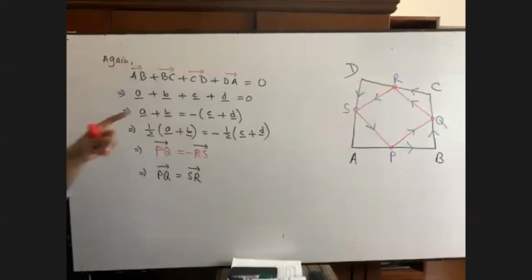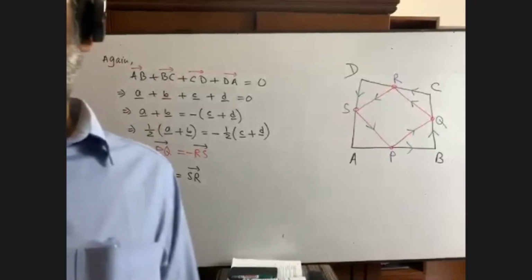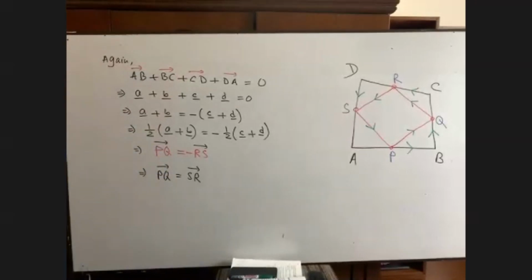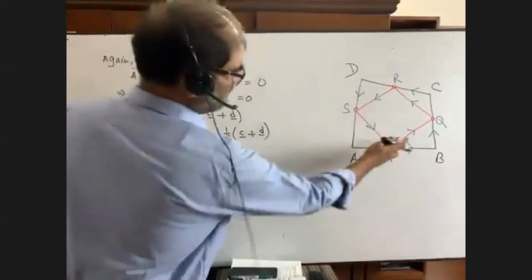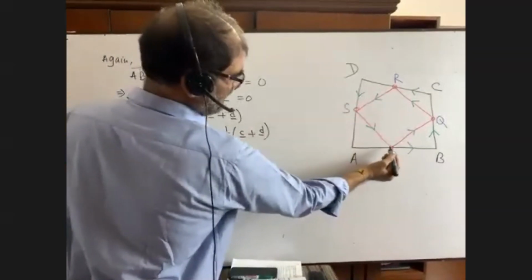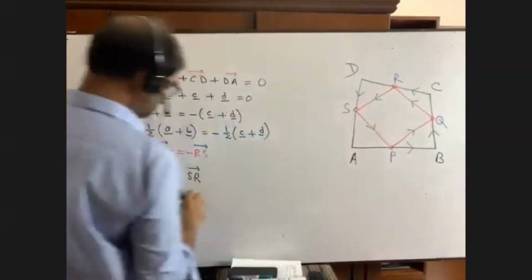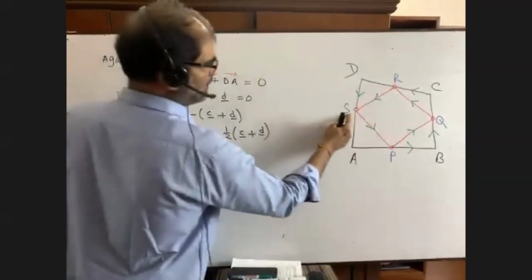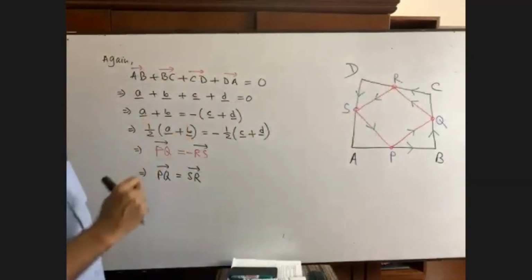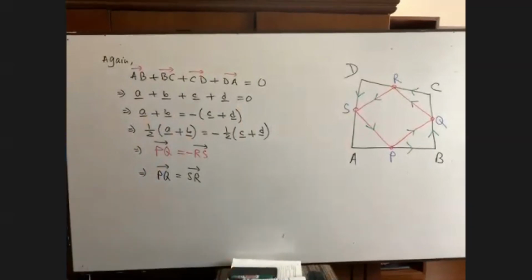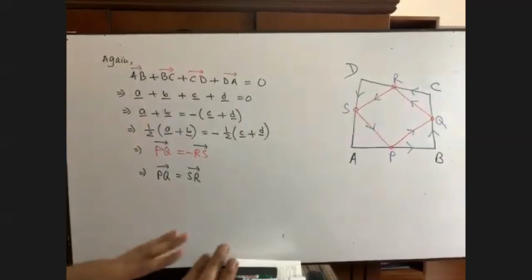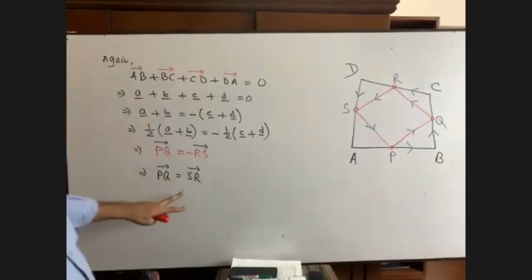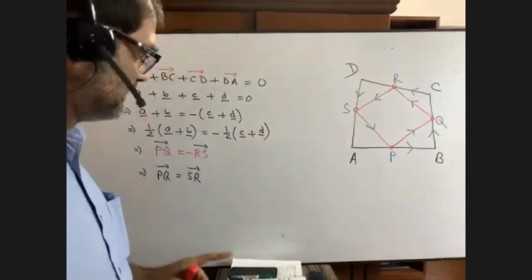Now please go to the figure. We are getting, if they are parallel, here the arrow is P to Q, but we have got S to R. It should be S to R, though in the figure it is R to S. But we have proved that what we took is wrong. The math is right, but it should be S to R. Is it?